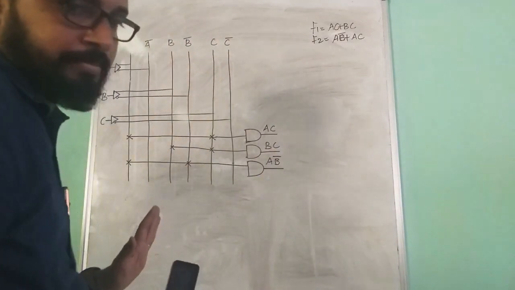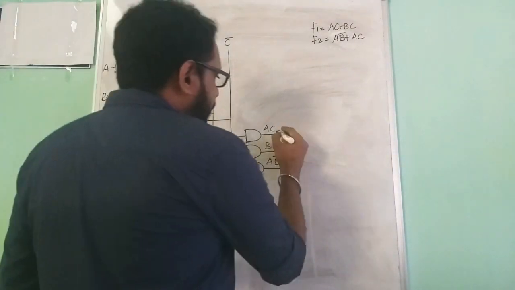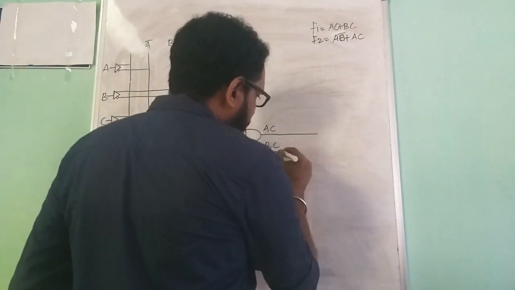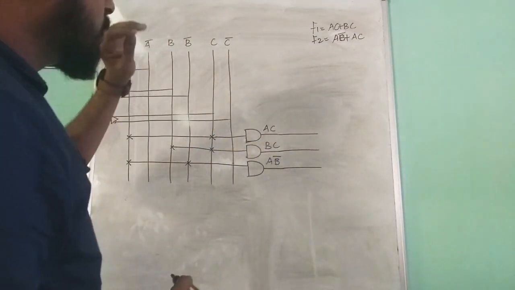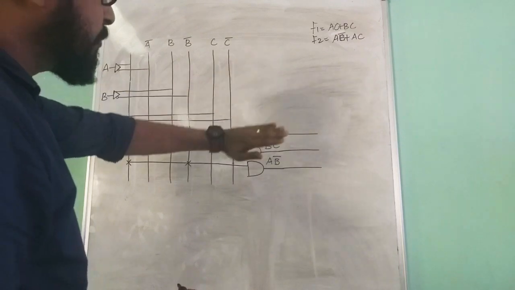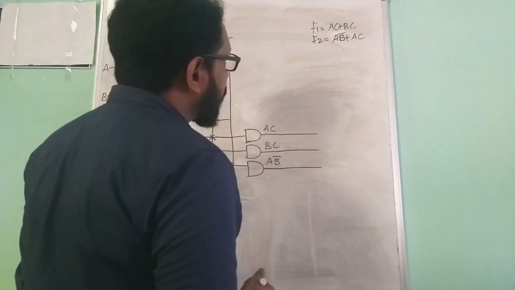Clear? Yes. So what we do next is we extend these lines. So we found AC, we found BC, we found A B bar. Now what are the OR terms that we need to construct?